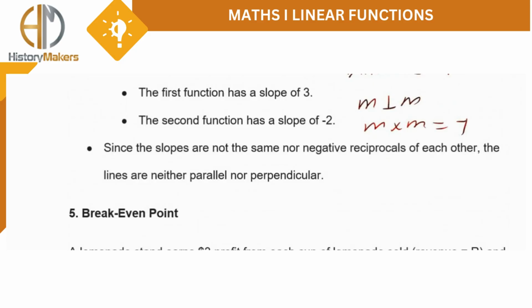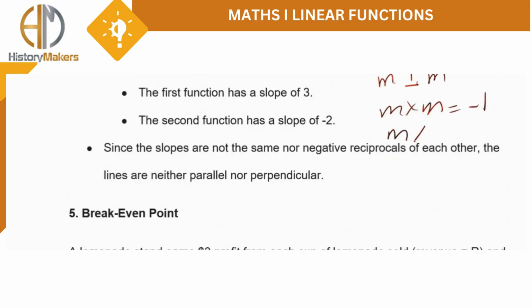So the slopes of perpendicular lines, when you multiply them, give you negative 1.